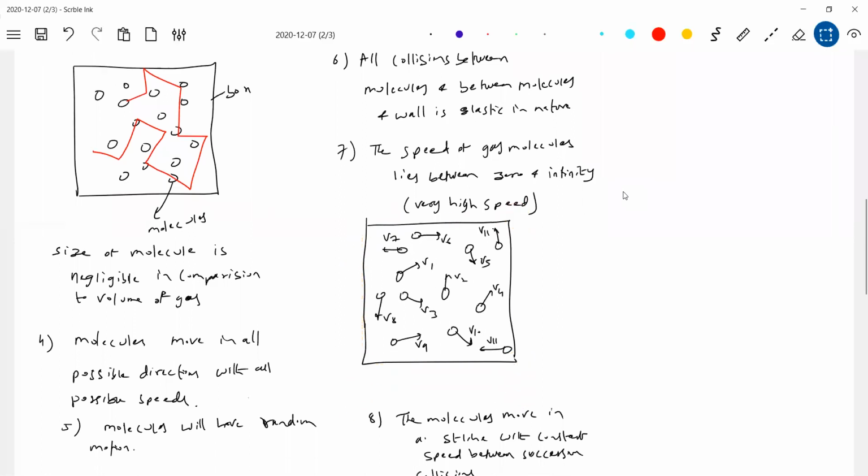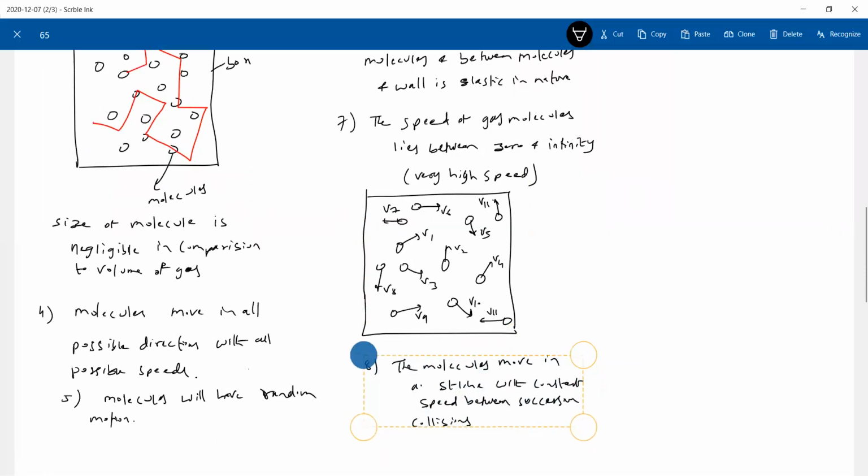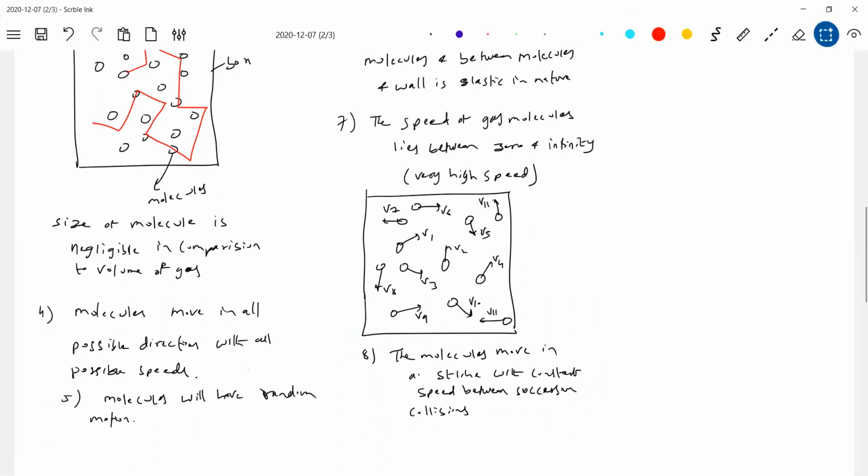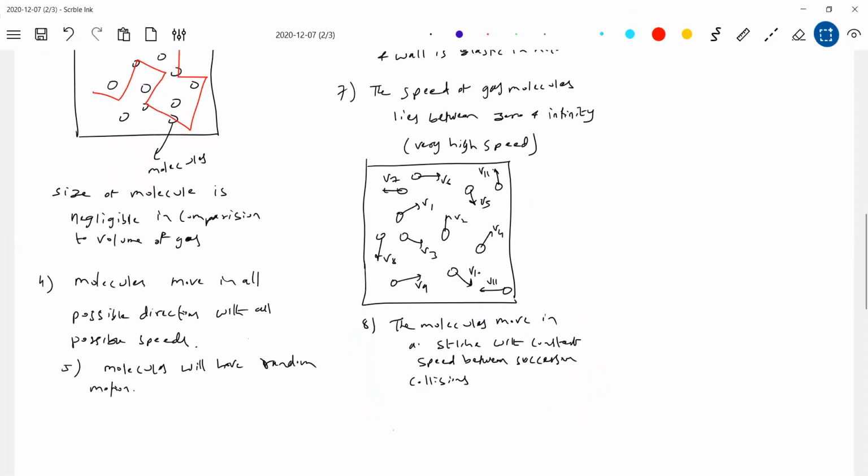You look at the red color I indicated, no? This is how it'll go. It'll undergo collision. Then look at the path, a straight line path. This is the first collision. The molecule moving like this collides, then again, then again. So in between collisions, what is the path of the molecule? It will be a straight line.